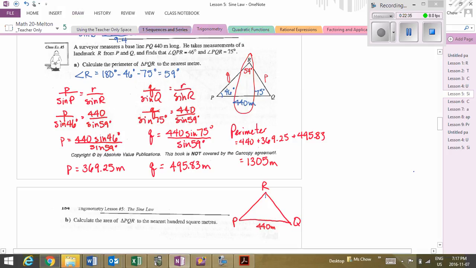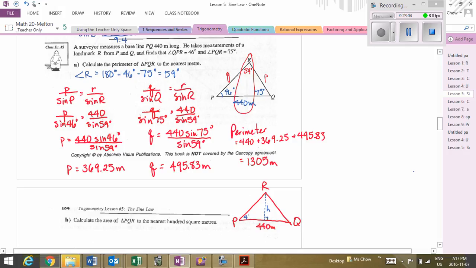So then the height, if we draw a line straight down from R, we end up with that altitude or that height. We do know that this is not isosceles because we don't have two angles the same. We can't assume that this is 220 and 220, nor that the 59 degrees has been split up equally.